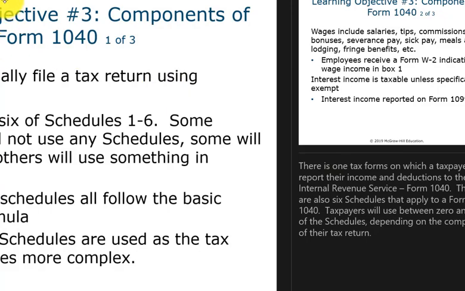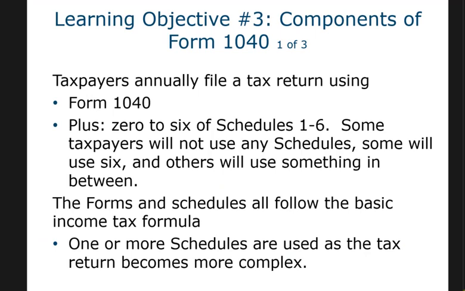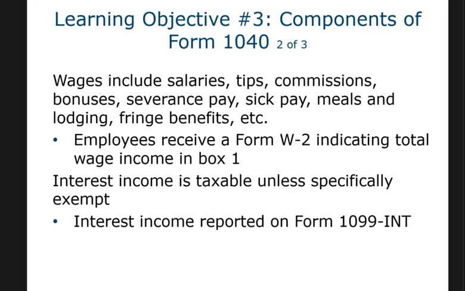Let's get back to our slides. Looking at income, things like wages, salaries, tips, commissions, bonuses, all kinds of things. Most of us receive a W-2, which reports income that should be on the return.